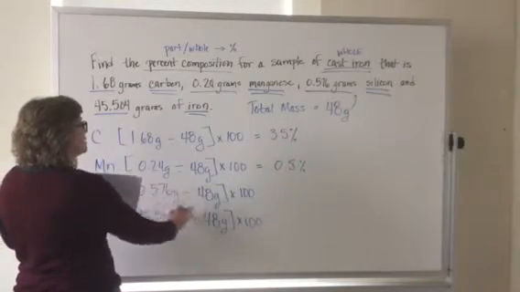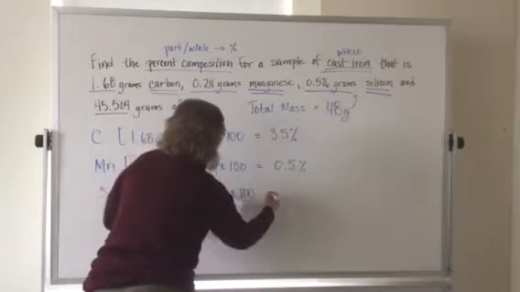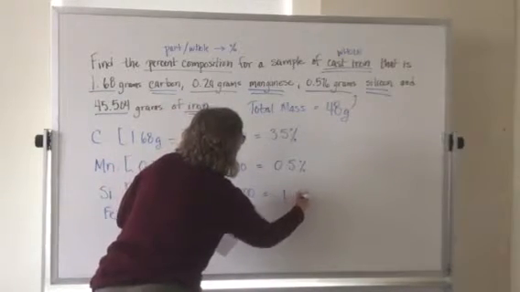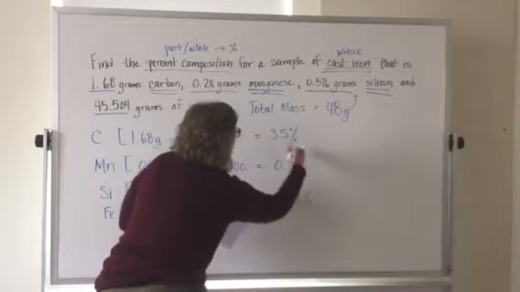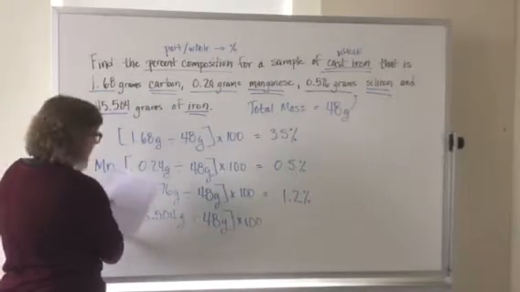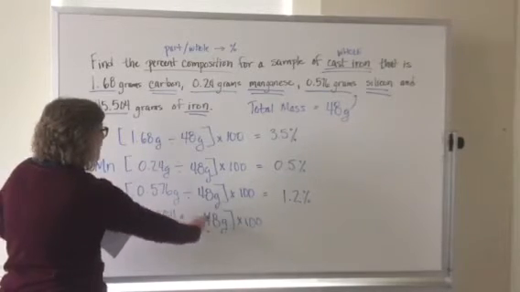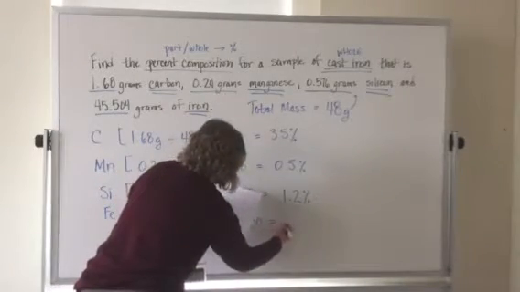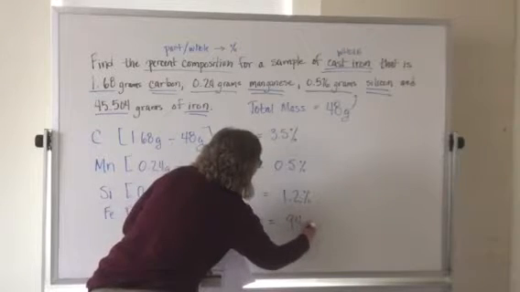Silicon, take its mass divided by the whole mass of cast iron, and that gives me 1.2%. So these are all still pretty small percent compositions, and I'm expecting iron to be a really big one. When I do this math, it actually turns out to be 94.8%.